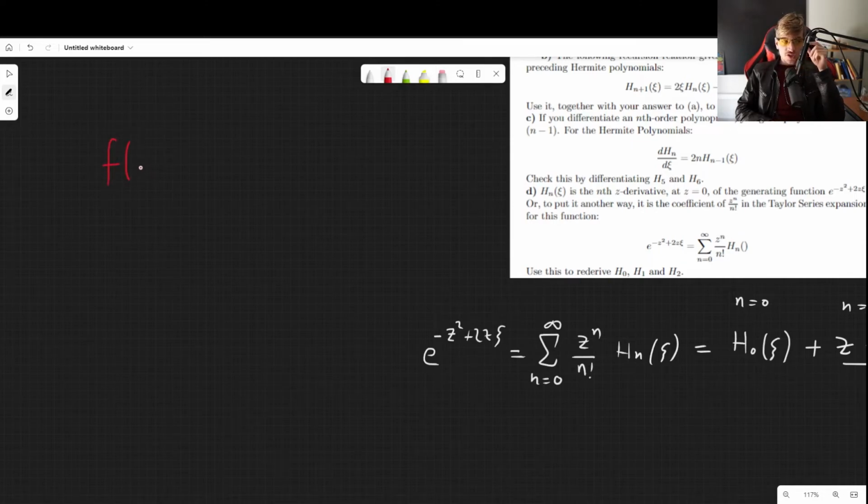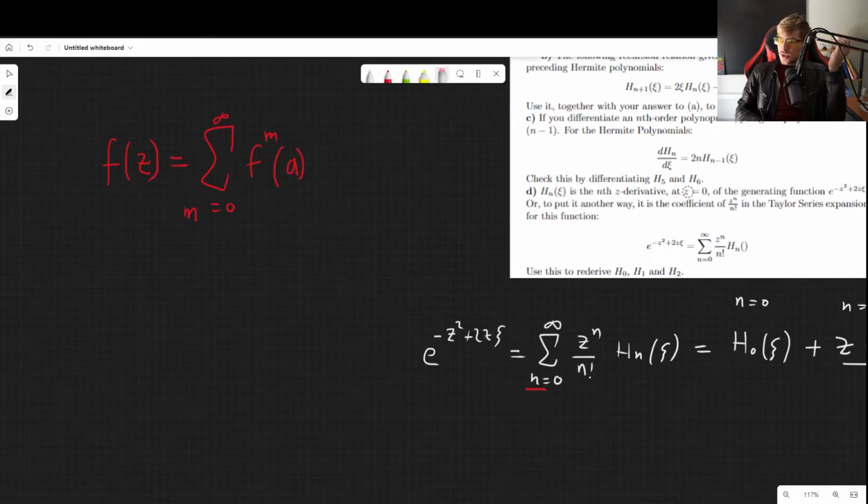So if we have some function, in this case, let's call it f of z, since we are already going to be dealing with z, and we want to expand this as an infinite sum of terms, we can do it as the sum of n equals 0. Actually, we already are using n here, so it's probably best to use a different letter just so that there's no confusion. So let's say m. So m equals 0 to infinity of the mth derivative of the function evaluated at some number a.